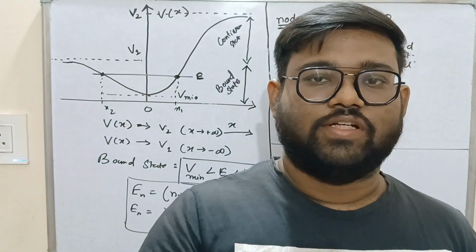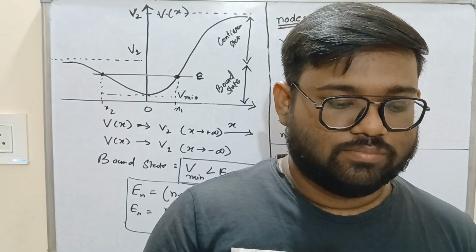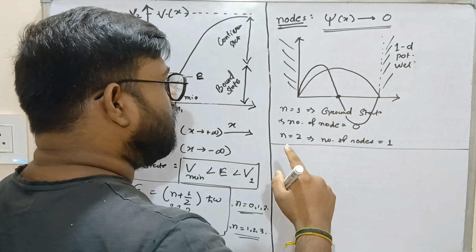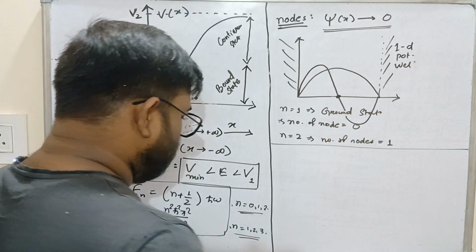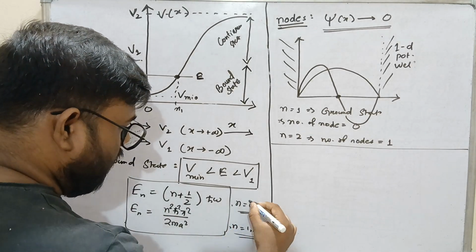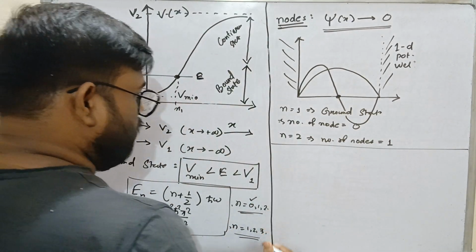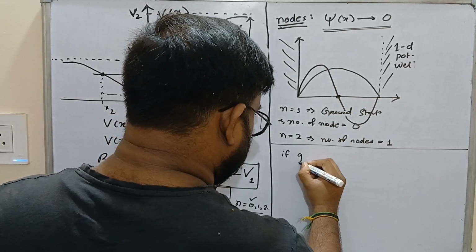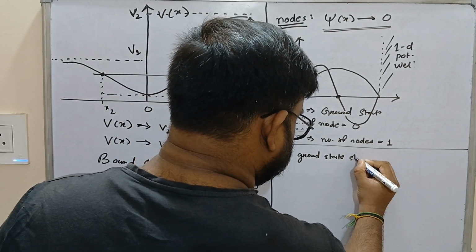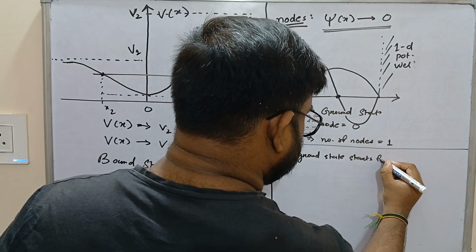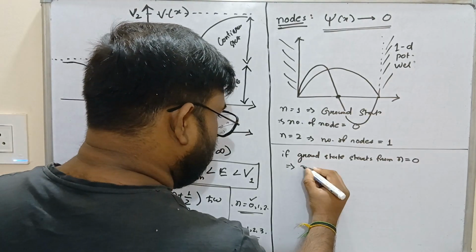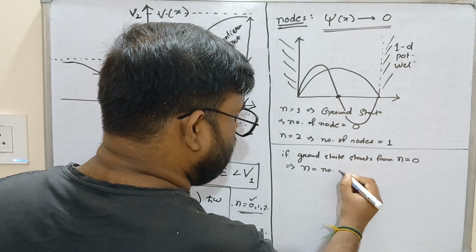Now how do we remember this in a very short form? That's what matters in this kind of discussion: what is the shortest form to remember these things. Remember, if the ground state starts from n equal to 0, that means n equals the number of nodes.